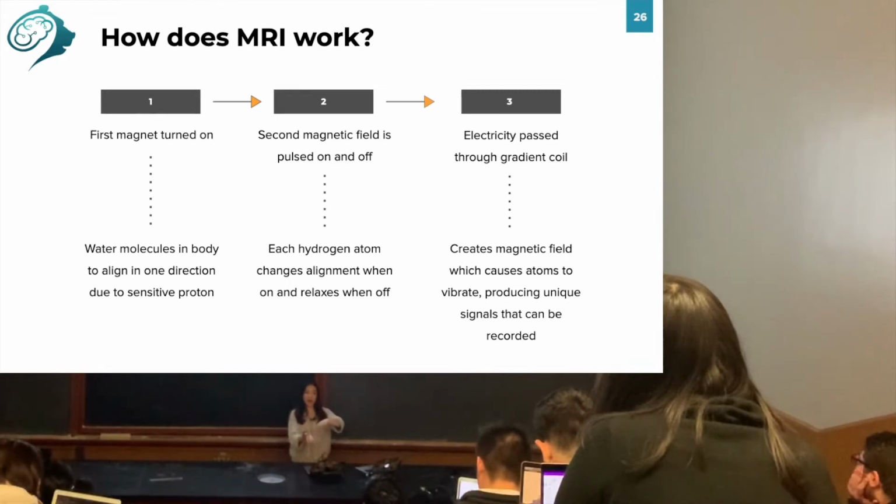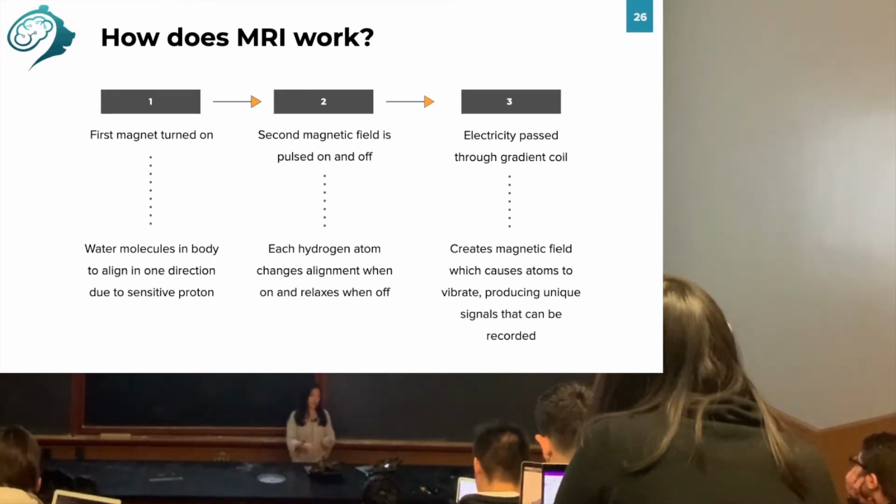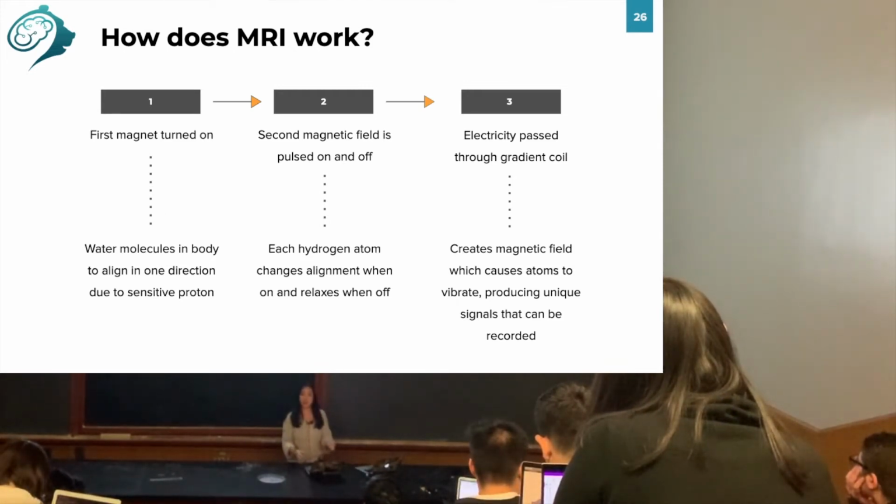That act of relaxing back to the original state is different in each type of tissue. When electricity is passed through the gradient coil, it creates a magnetic field causing the atoms to vibrate, and that produces unique signals depending on the tissue being imaged, and that's what's recorded and turned into an MRI image.